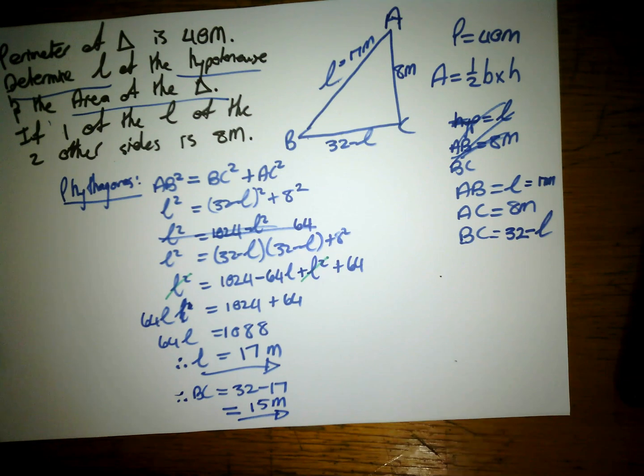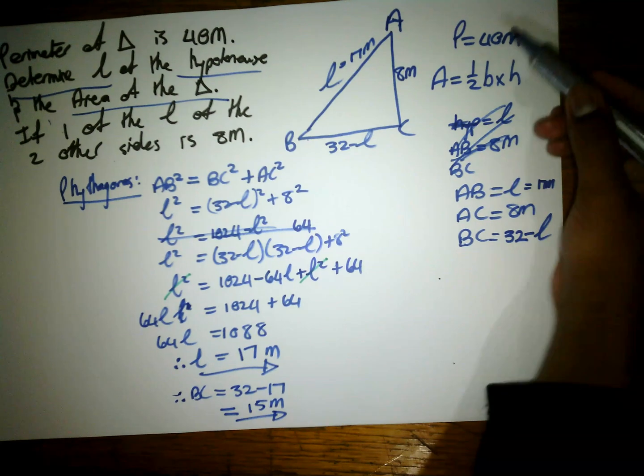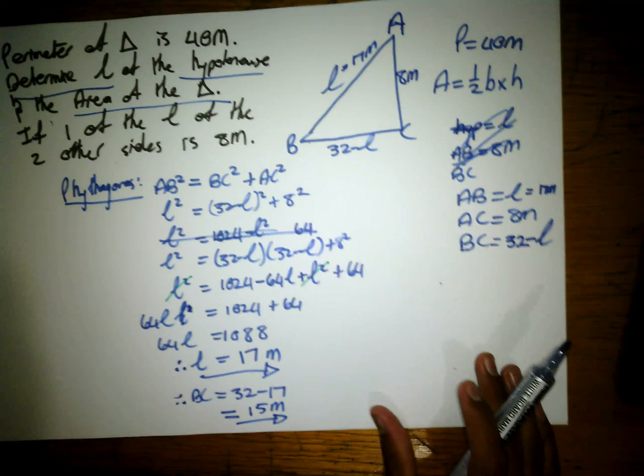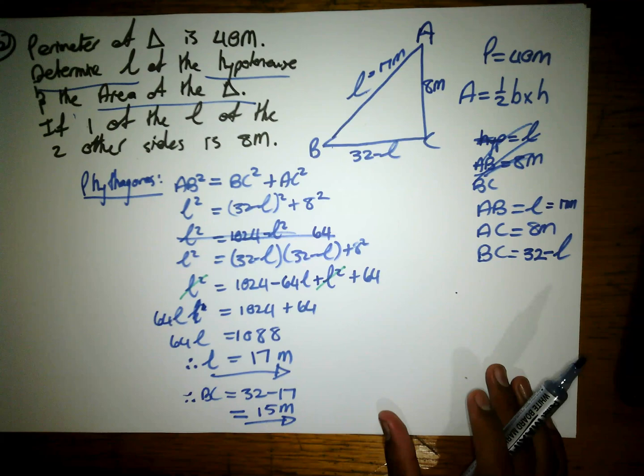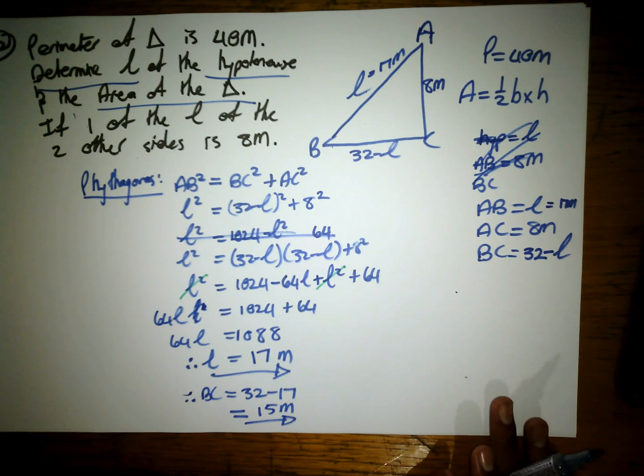Word sums, you need to think and you need to draw out and write down everything I've given you. There is a video on this that I did send. Go and look at that.